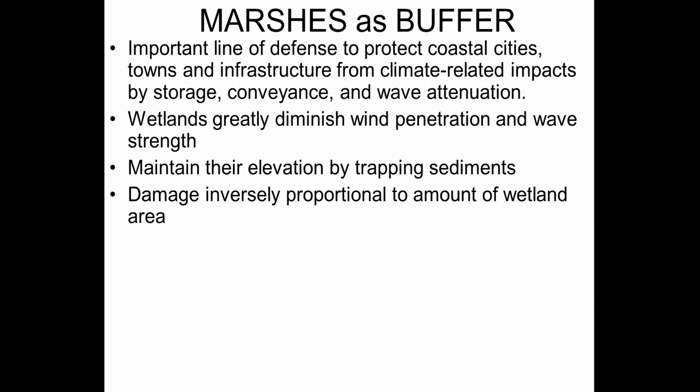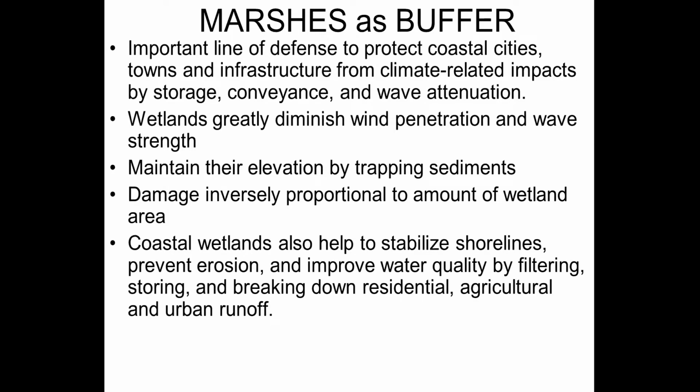The areas where the mangroves had been chopped down were damaged a whole lot more than the areas where the mangroves had been maintained. Coastal wetlands also help to stabilize shorelines, prevent erosion, and improve water quality. So they do a whole lot of good things for us, as well as good things for the residents in the water, like the fishes and crabs.